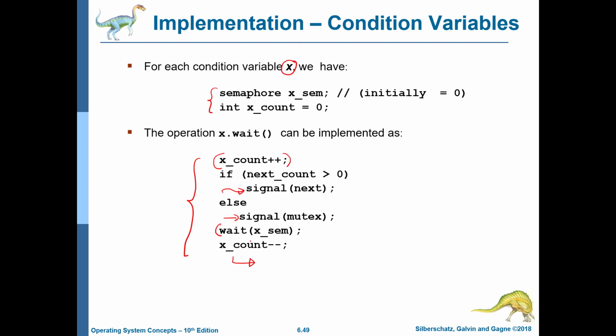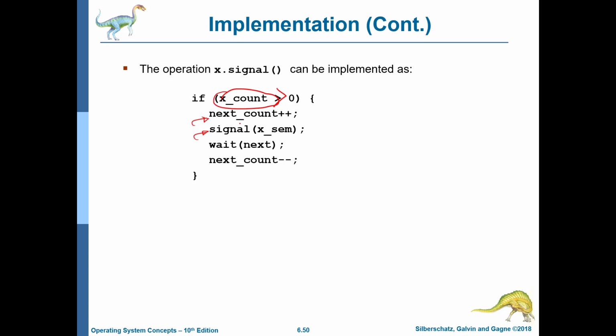The wait was over here, it was waiting, and I signal it. And after that, I wait on next. So I wait for somebody to wake me up, and then I decrement next count.